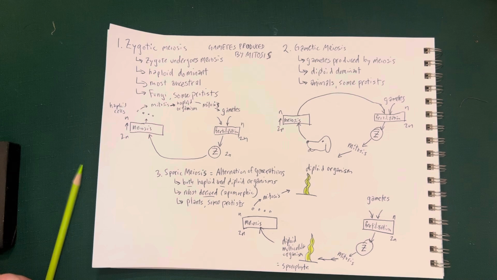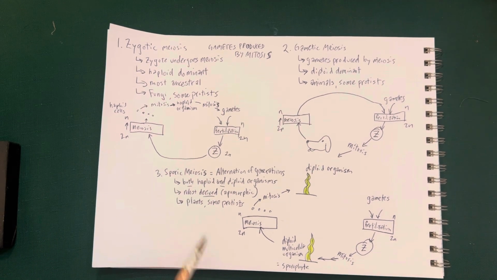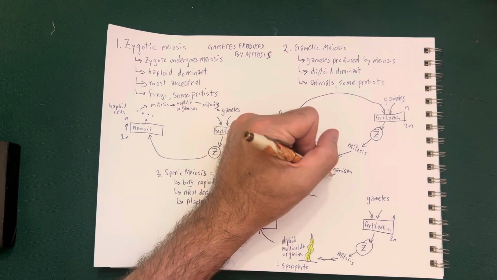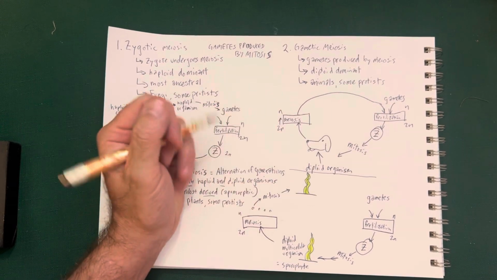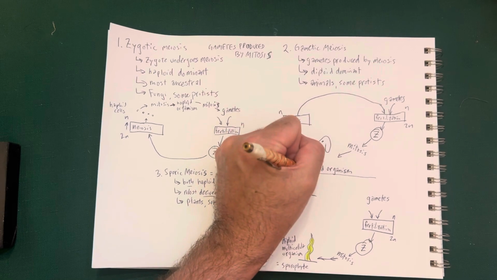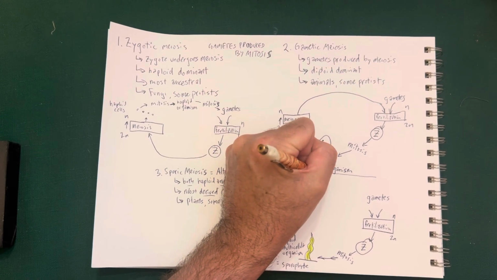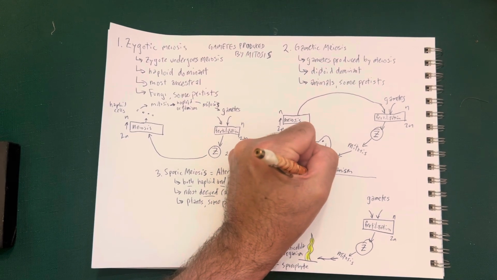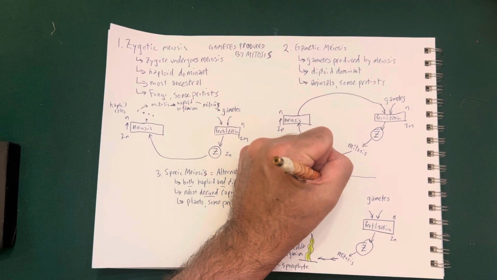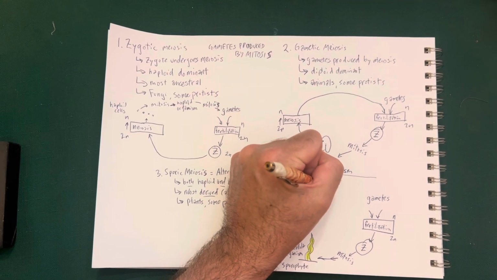And that does happen in some algae. Oops, that's Bretta, who's my diploid organism. Because now over here, since I've squeezed everything onto one page, now I've got my haploid multicellular organism.